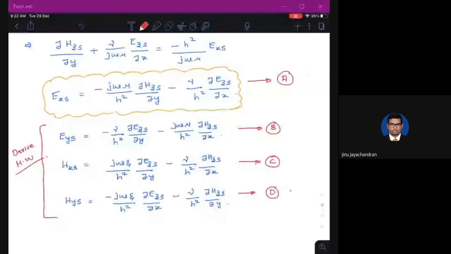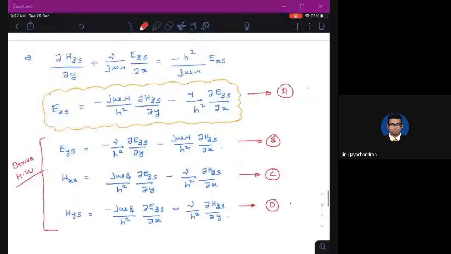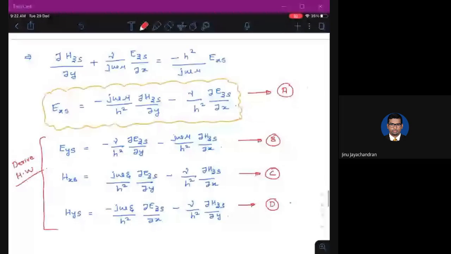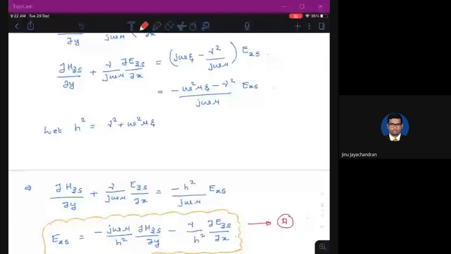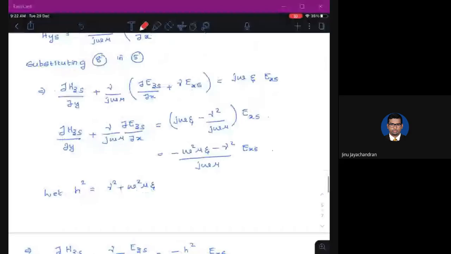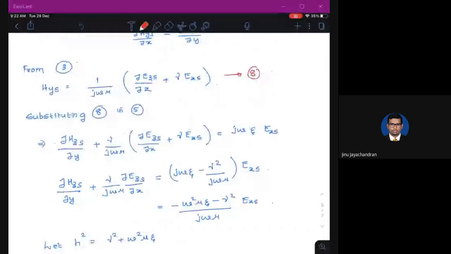So make sure you derive all these equations by yourselves so that you get a feel of how you should be able to get the expressions, because this was asked in some of the semester exams. So make sure you derive this.